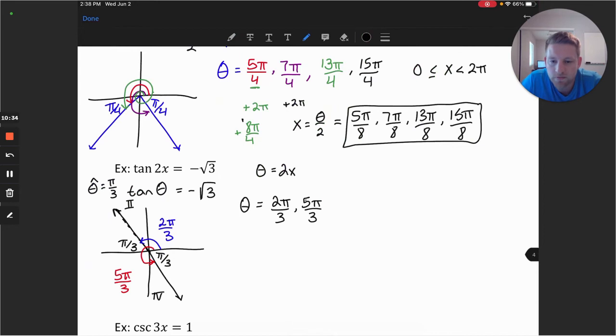And again, since we have a double angle represented in this theta, we might want to take another round around the unit circle to grab a couple more angles for the value of theta.